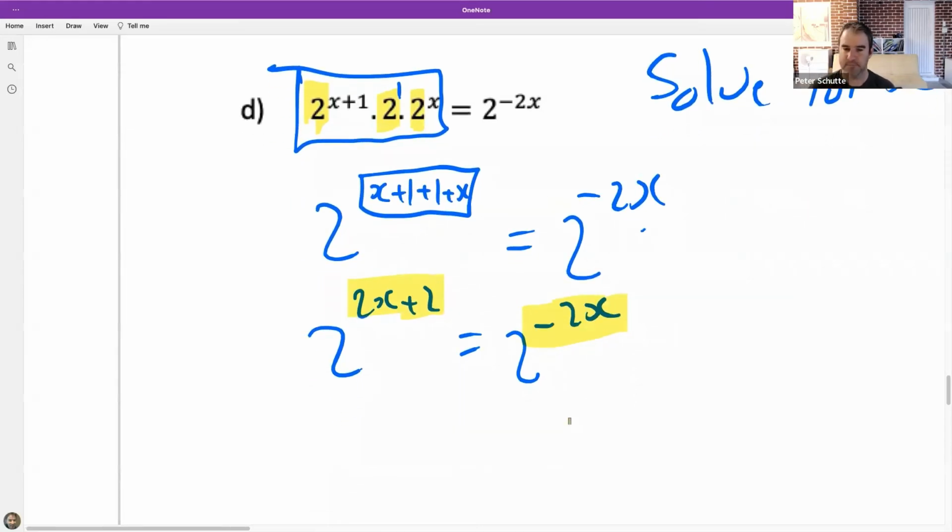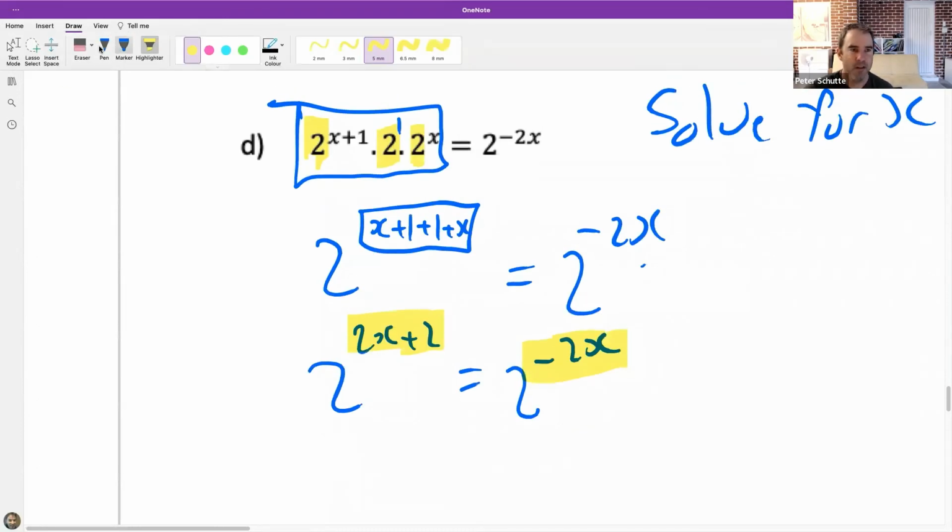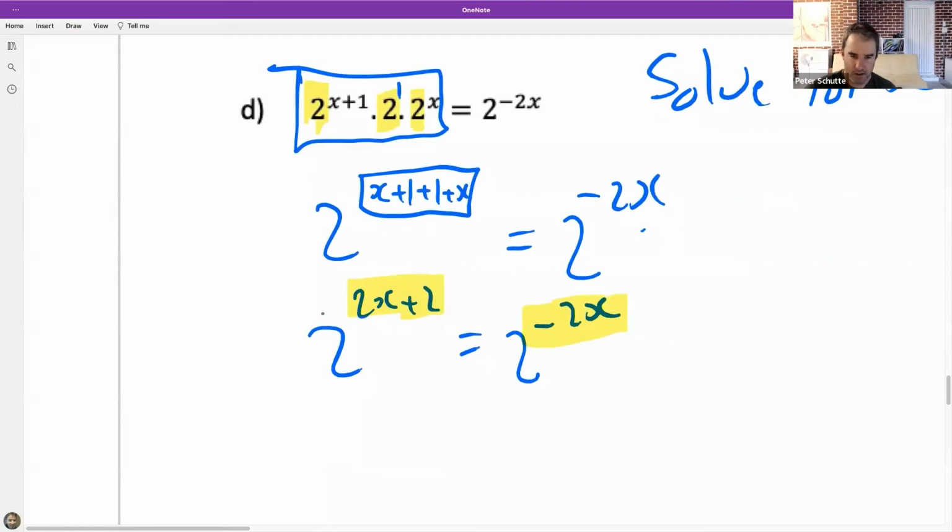I think we're going to get rid of the 2, sir. Yeah, you are on the money. So I think you'll say 2x plus 2 equals negative 2x. Perfect. So you've dropped the bases because there's one base on the left-hand side, one on the right-hand side. And so now we just need to get to the final answer.